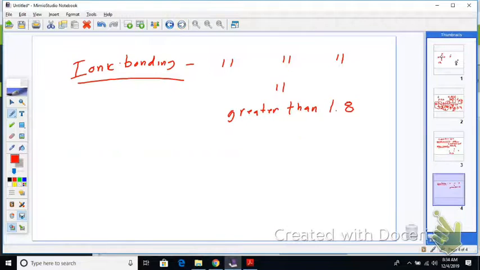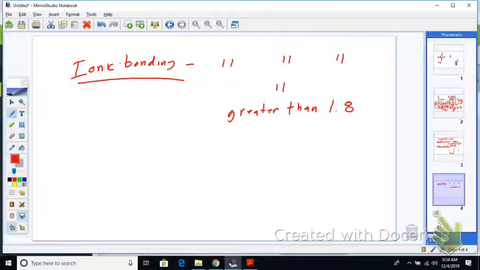And in this one, we say the difference is so big, there's actually a transfer of the electron. We say the difference is way too large, then we really don't even call that sharing anymore. We call that a transfer because the difference is way too big.